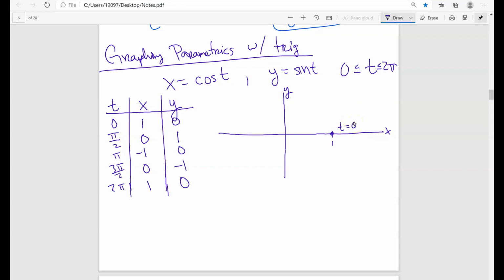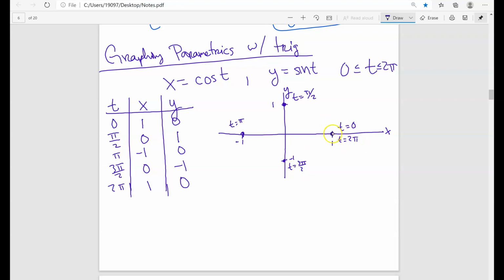At t equals pi over 2, you have 0, 1, which is this one. So t equals pi over 2. t equals pi is going to be right here, negative 1 comma 0. That's t equals pi. 0, negative 1, that's going to be at t equals 3 pi over 2. And then we're back here at t equals 2 pi.